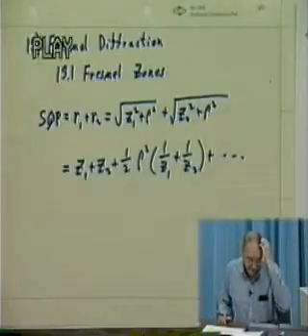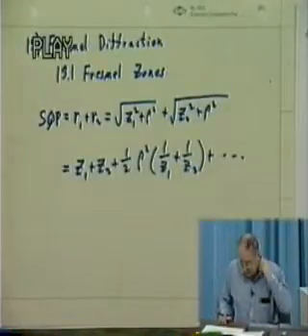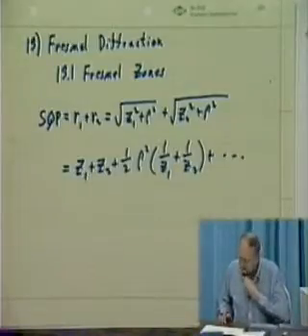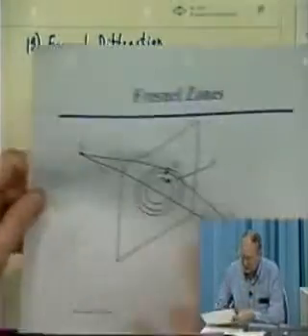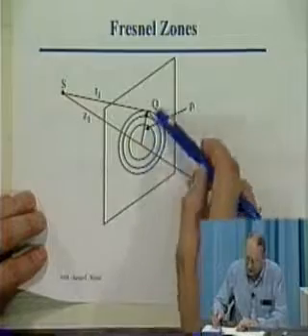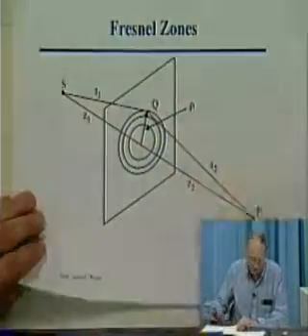So we have these parabolic waves here. Now what we're going to do is take this aperture and divide it into circular zones here.